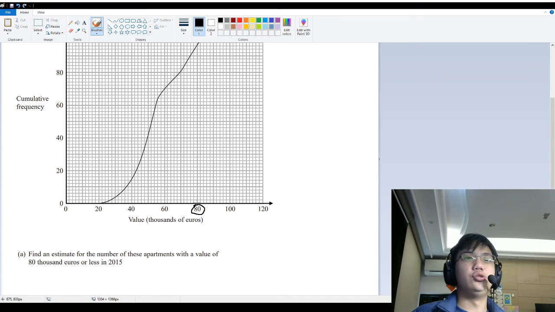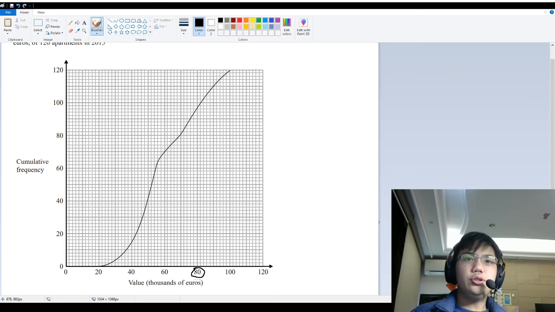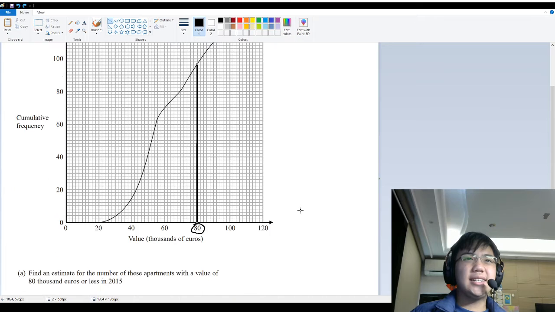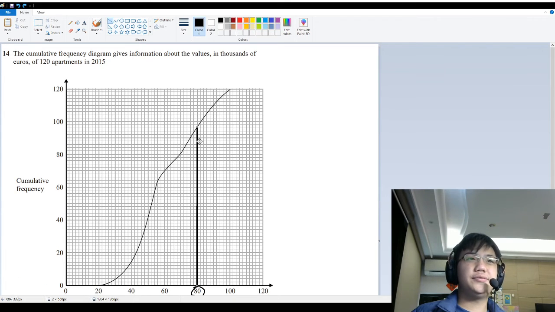So we draw a straight line from this point on the x-axis to the graph. In the exam you would use a ruler, but on here maybe using the line tool. So 80,000 euros from the x-axis to a point on the graph.